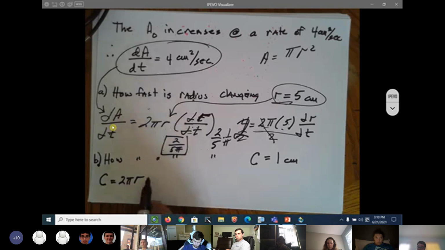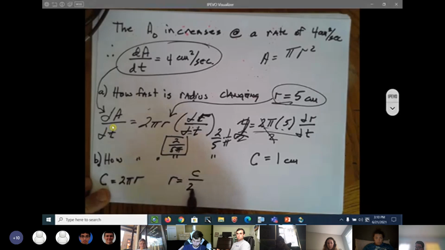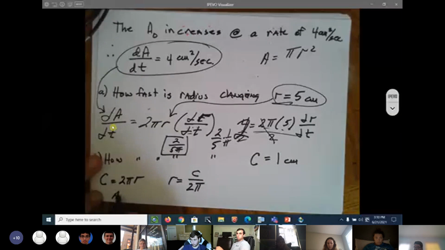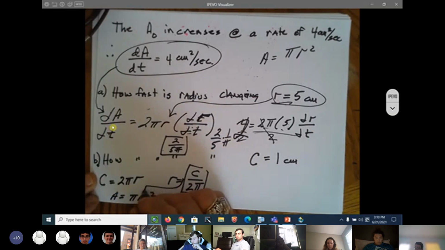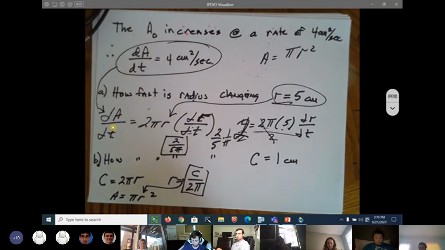Now you could solve r is equal to c over 2 pi. You could do that. And we know that A is equal to pi r squared. So we can take this r and plug it in right there.